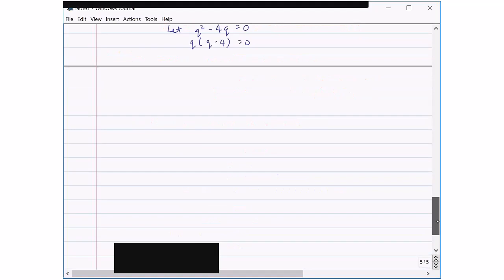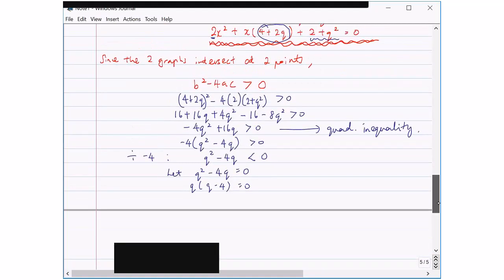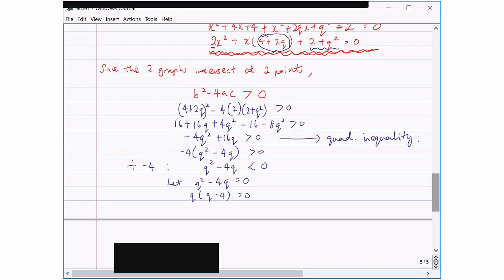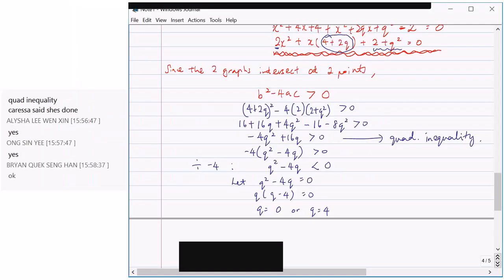And then q has two values, 0 or positive 4. Okay, next step. What do I do now? I already found the q roots, the q intercepts. What do I do now?